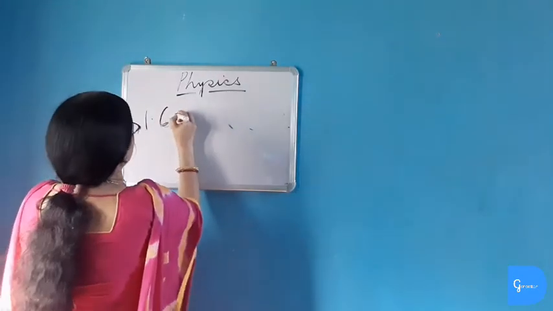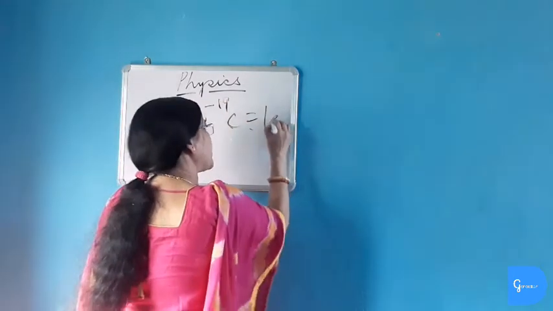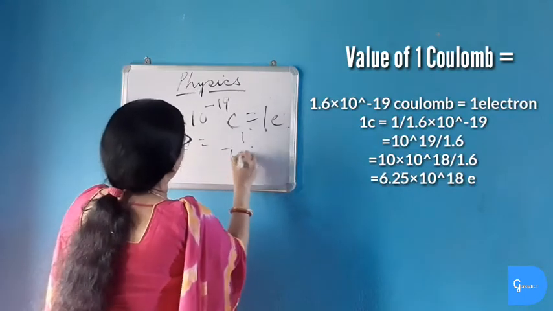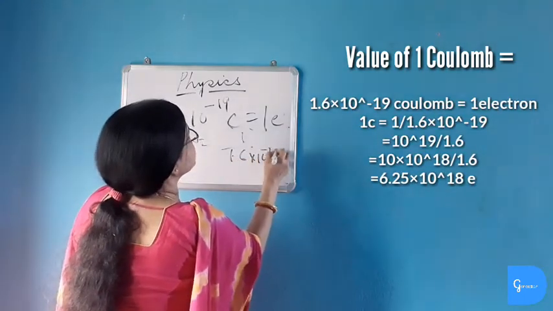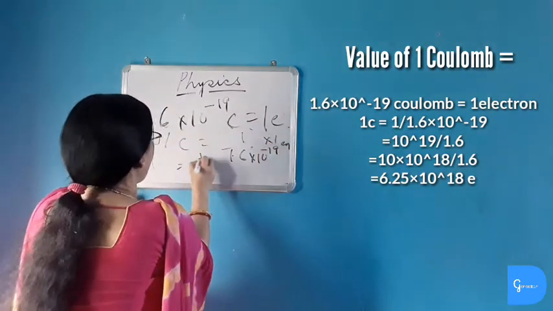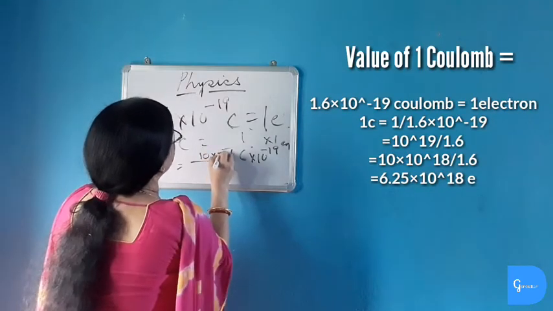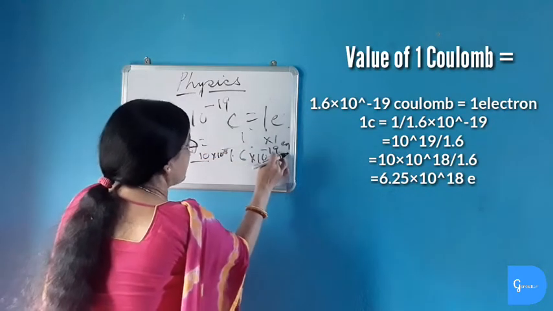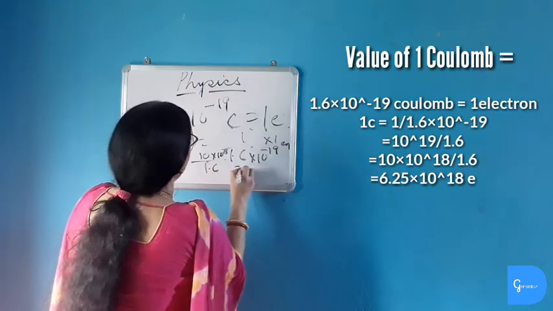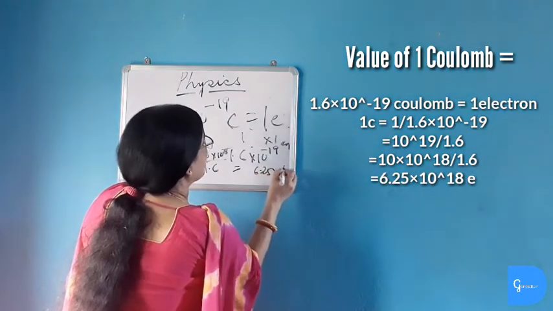1.6 into 10 to the power minus 19 coulomb is equal to 1 electron. So, 1 coulomb will be 1 by 1.6 into 10 to the power minus 19 electrons, or 10 into 10 to the power 18 divided by 1.6, or 6.25 into 10 to the power 18.